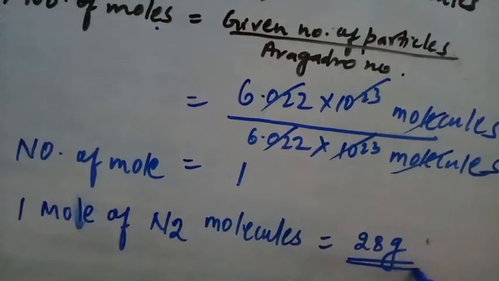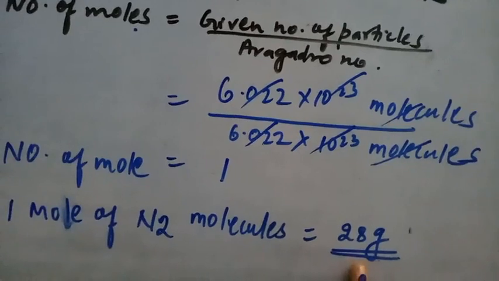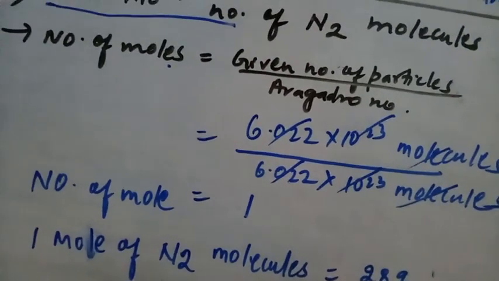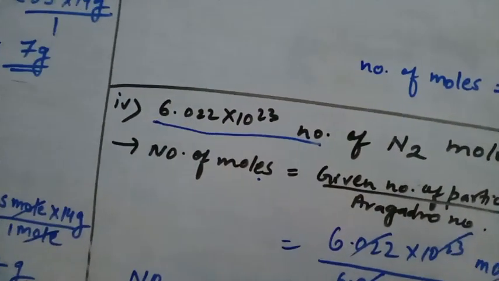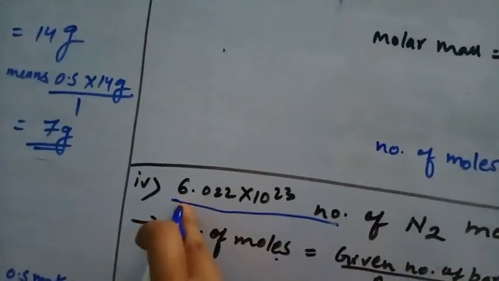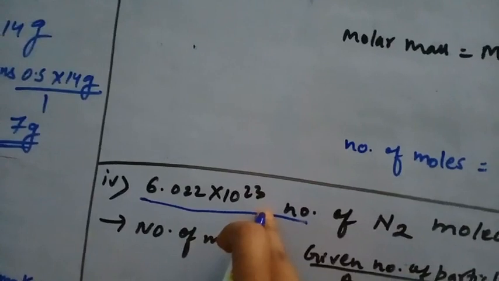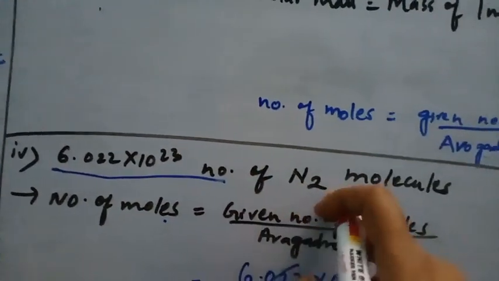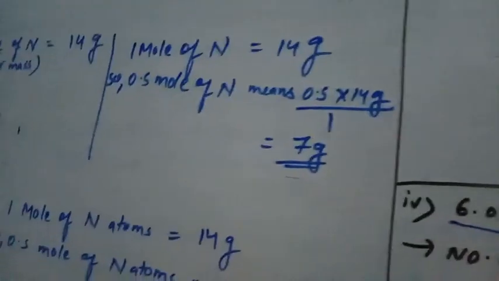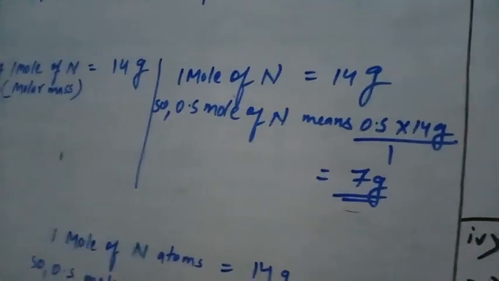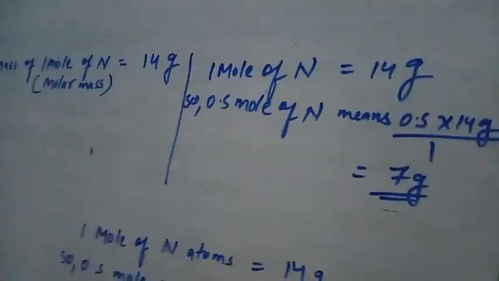So we have got the mass now. So mass is 28 grams. So 28 grams of nitrogen molecules is contained in 6.022 into 10 to the power 23 nitrogen molecules, that is in 1 mole. Okay, so like that we can solve these questions by using the formula.